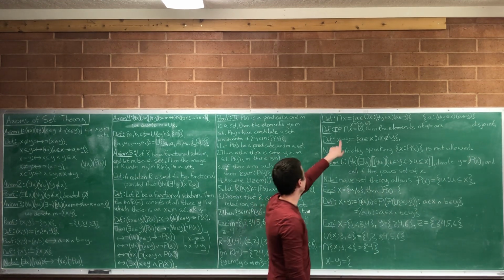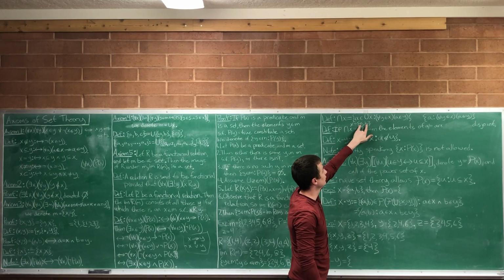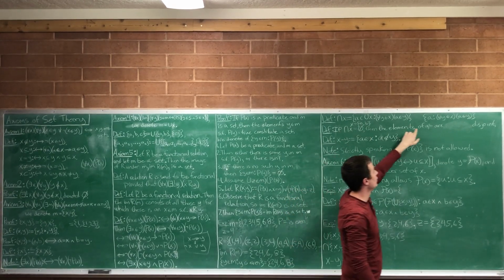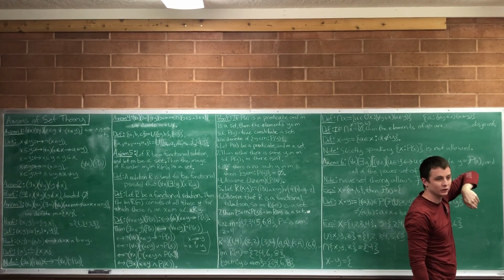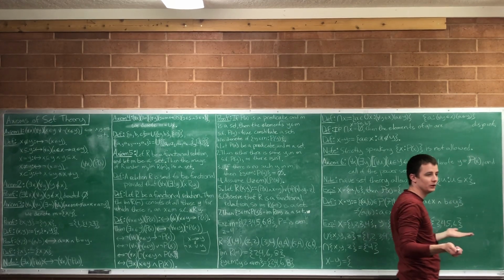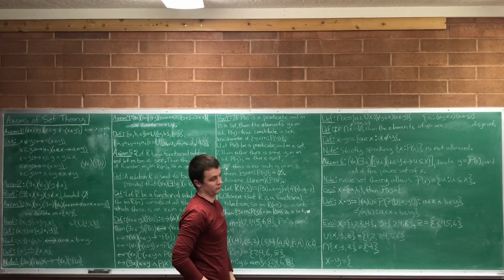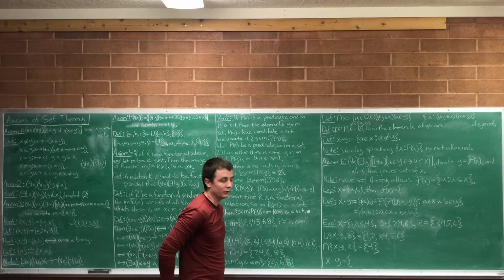If X has 2 sets in there, and when you take the intersection on it, you get the empty set, then the 2 sets A and B are called disjoint. In other words, they have no elements in common. If 2 sets have no elements in common, we call them disjoint. Good?